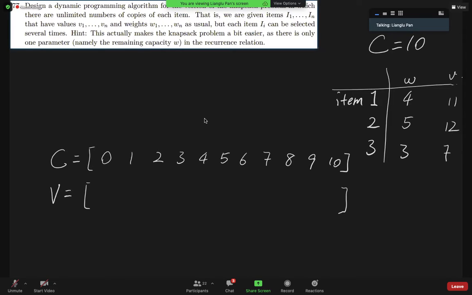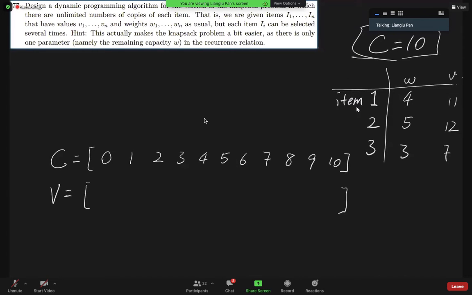For this question, remember that we have a limited amount of capacity, and we want to load some copies of these elements to make sure that we maximize the total value that we load. But of course, we want to make sure that the total weight of the elements we load does not exceed the capacity we have.